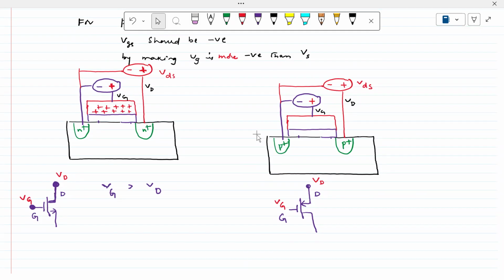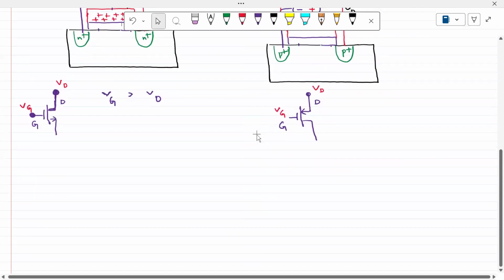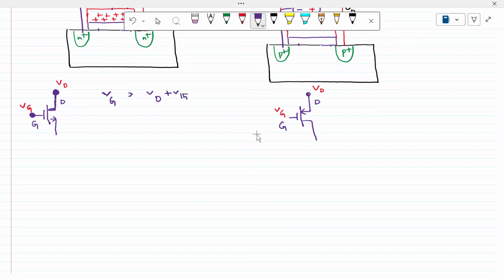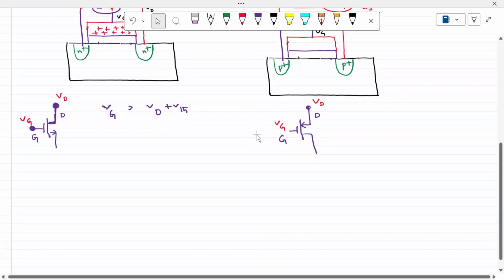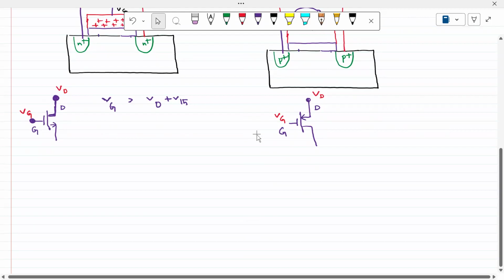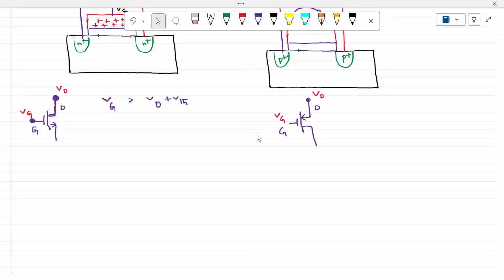If the gate potential is at least more than the threshold voltage, that means whatever the drain potential is, just add the threshold voltage to it, and that result is the VG value, then definitely the channel will be formed from source to drain without any problem. Okay.